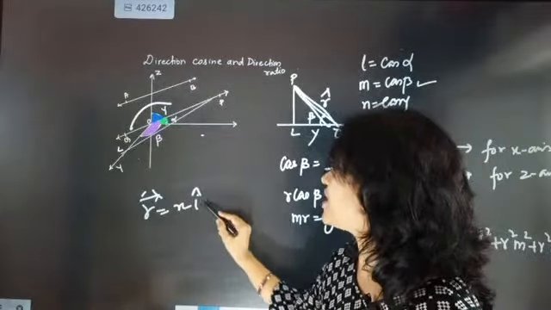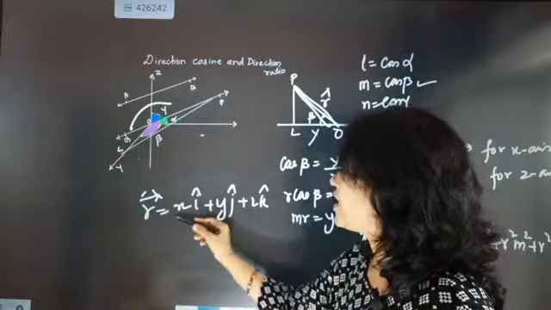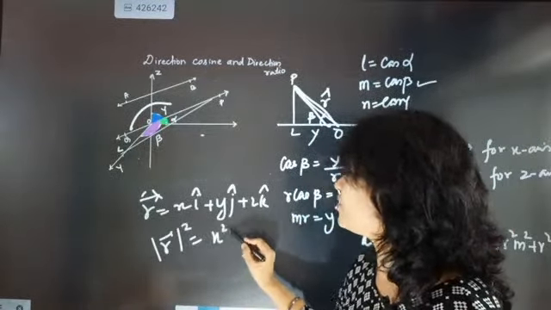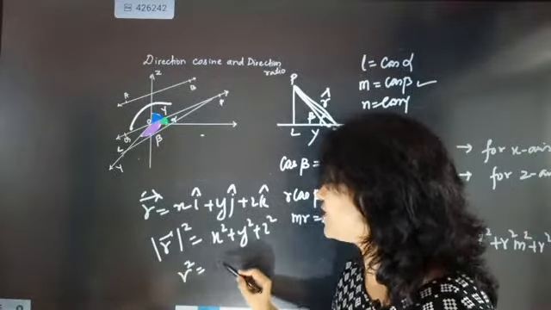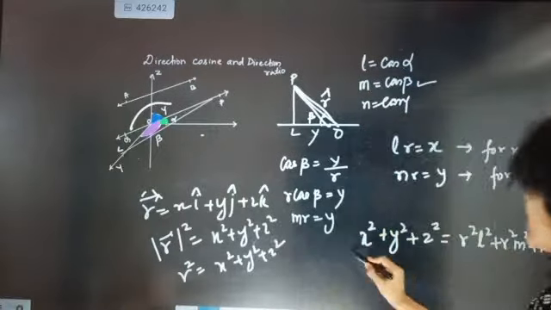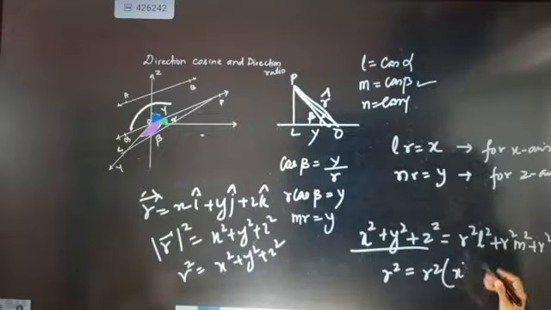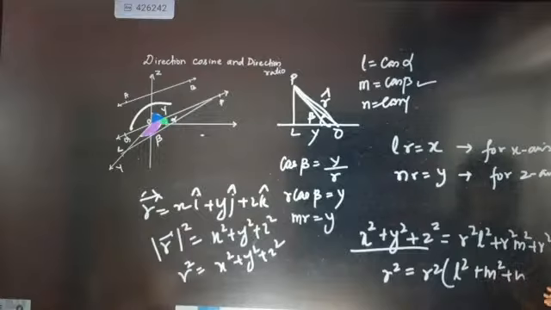It will be xi plus yj plus zk, and its magnitude squared is x square plus y square plus z square, which can also be written as r square. So r square will be equal to r square into L square plus M square plus N square.